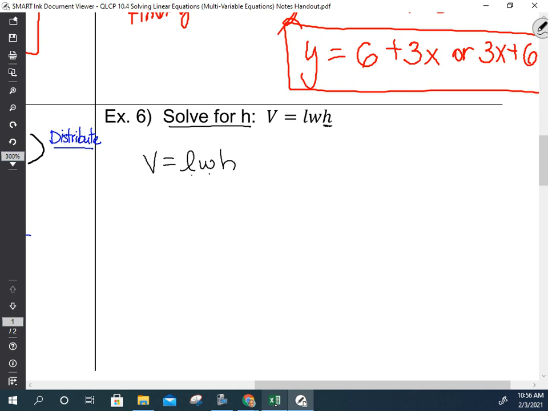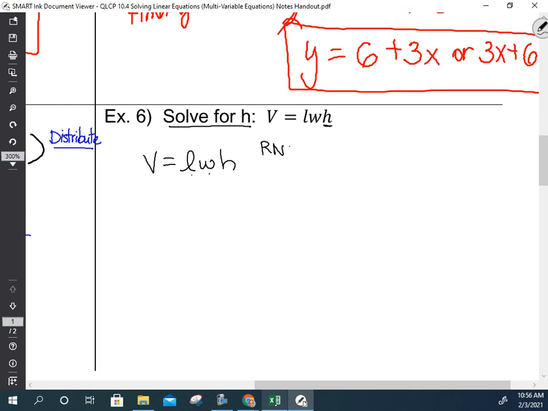If you're stuck, let me give you a hint. What is L currently doing to H? Is it adding, subtracting, multiplying, or dividing? It's multiplying. Remember, anytime you have variables smashed next to each other, that's multiplication.